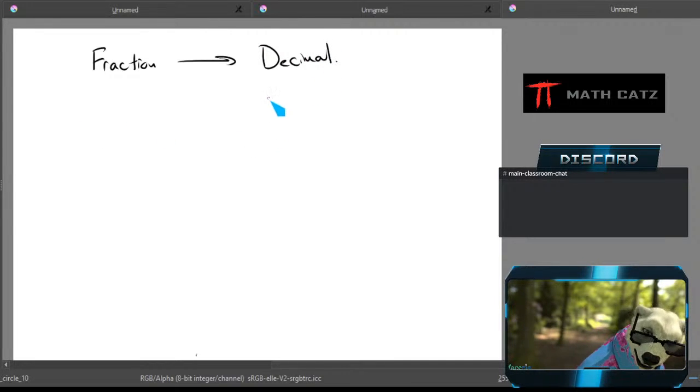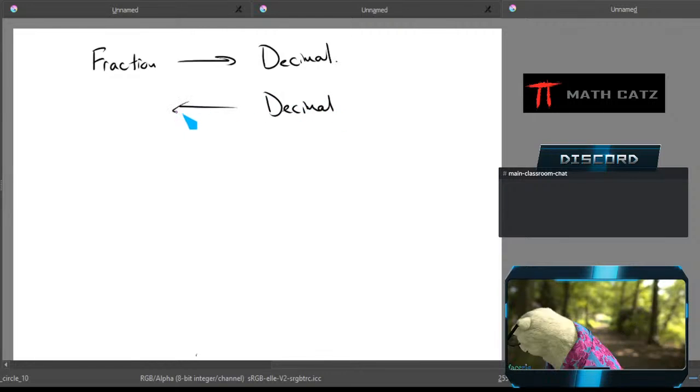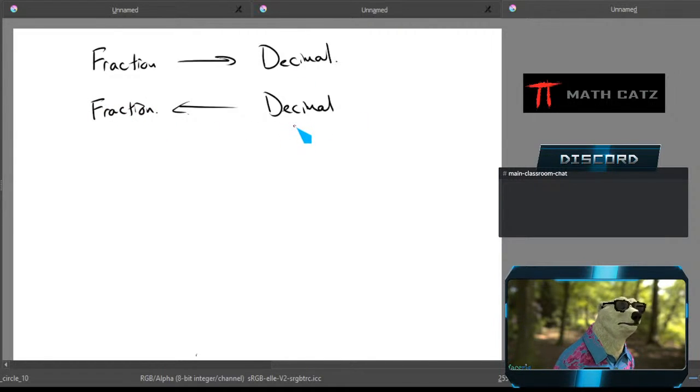The other side is also there. If I'm given a decimal number, what is the fraction or mixed number that it comes from?